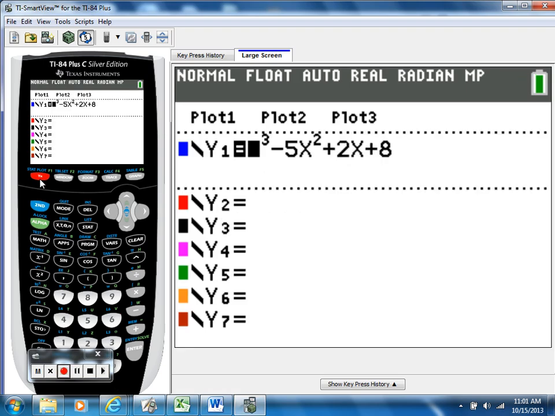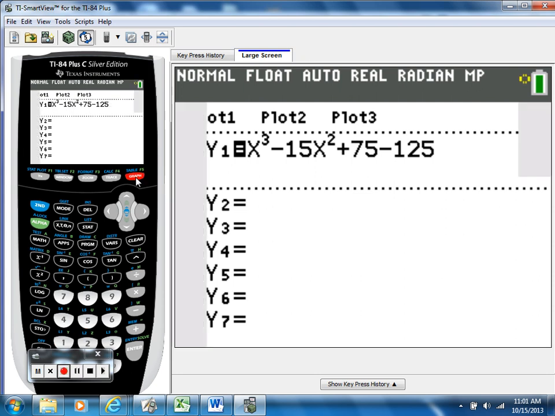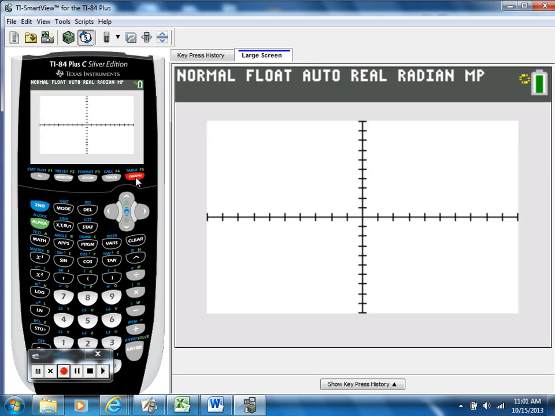So, x cubed minus 15x squared plus 75x. Oops, too many there. Minus 125. Notice mine's thinking.